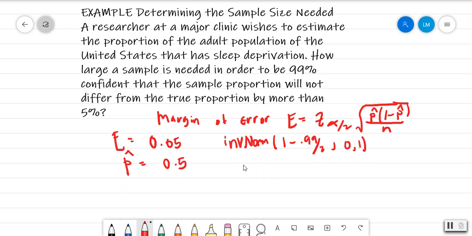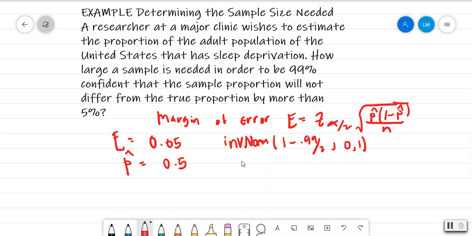Now, in this case, if we go ahead and do this, that's going to give us our critical value. So we'll go ahead and just do second inverse norm.